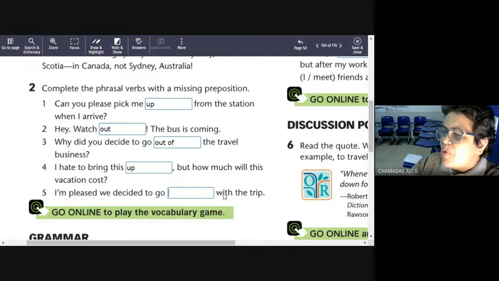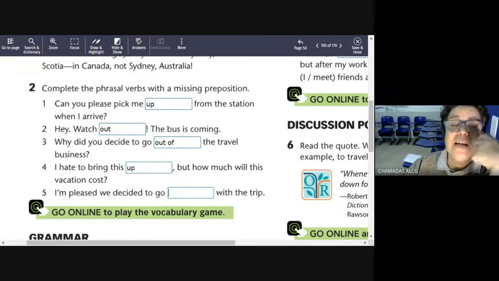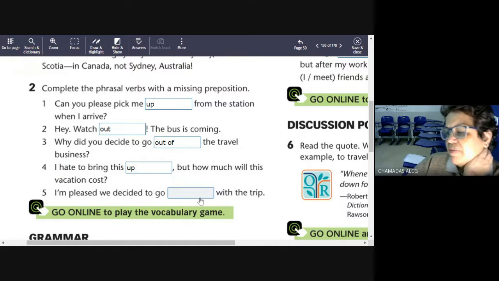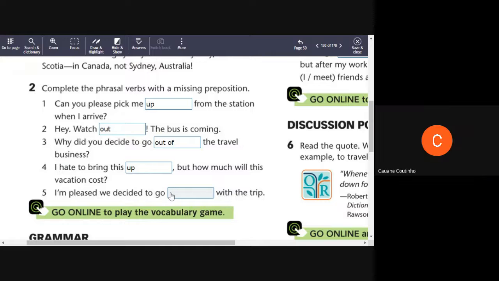Here we have the preposition with. It's a second preposition. So which one do you think goes here? Go out again? Go out?